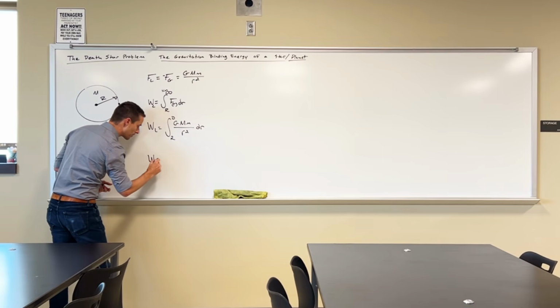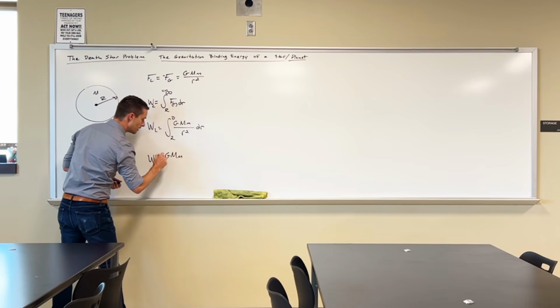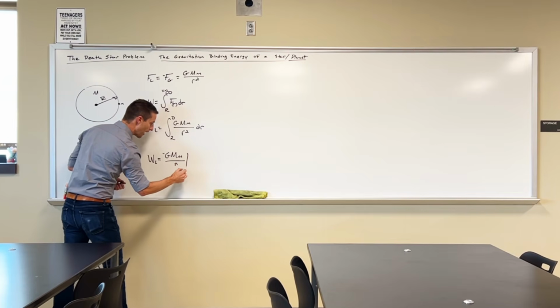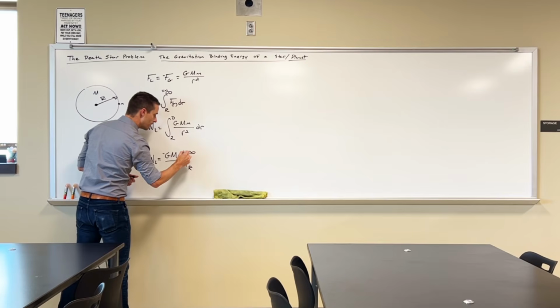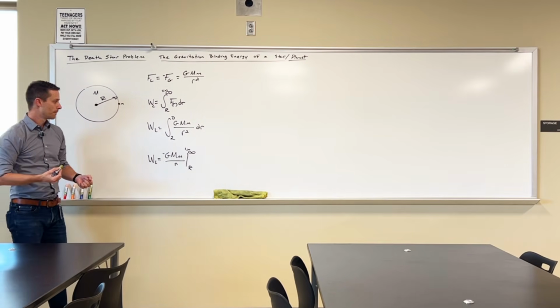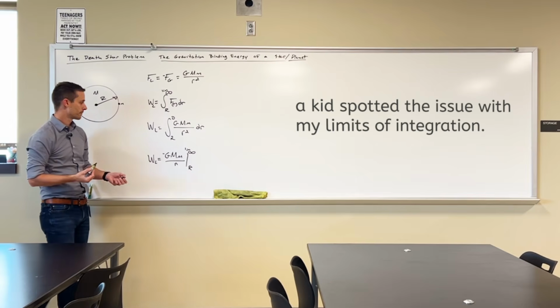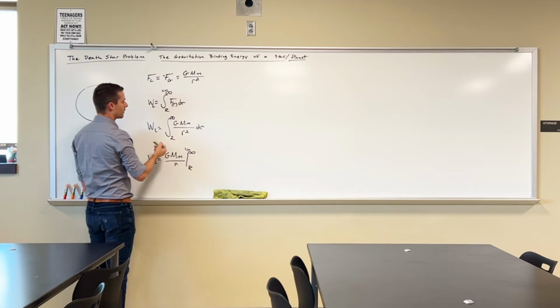The work to lift something is going to be what? Negative GMm over r evaluated from r to infinity, or the limit, to keep our math teachers happy. Not from the limit of infinity to r. Oh, good Lord, man. There we go.